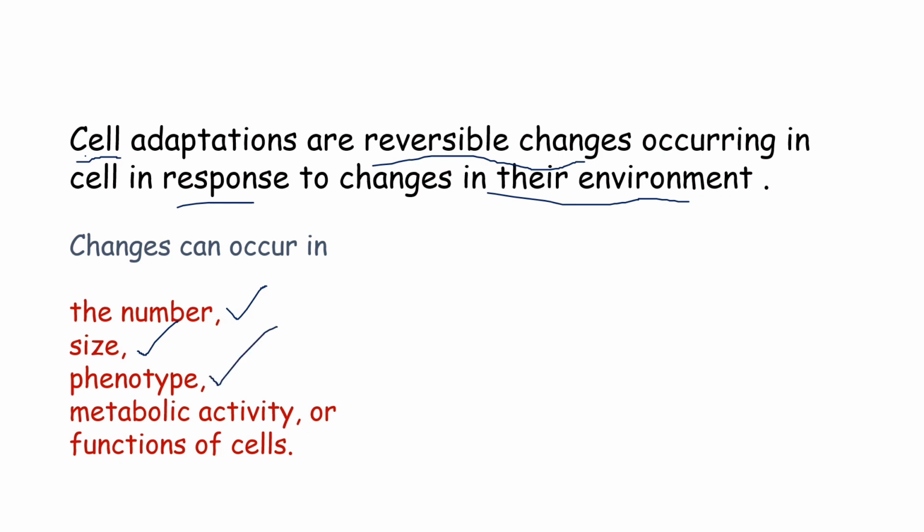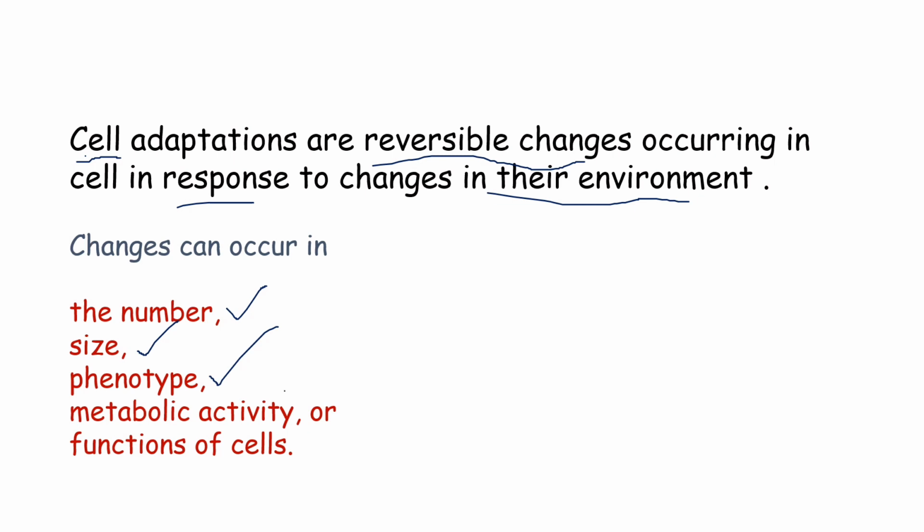Phenotype of cells can change too, that is, squamous can become columnar, columnar can become squamous. Whenever the body feels that the metaplasia or the phenotype change can help it better cope with stress in that particular area, then it will change the phenotype.